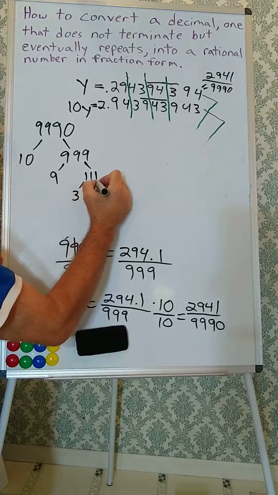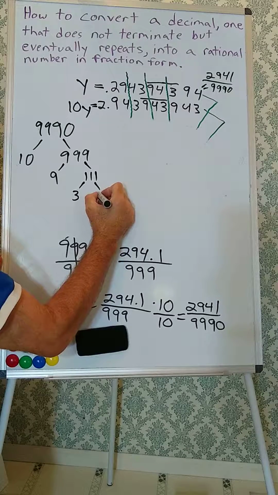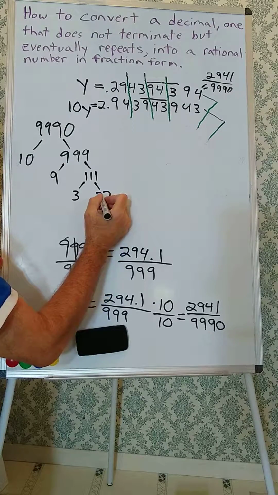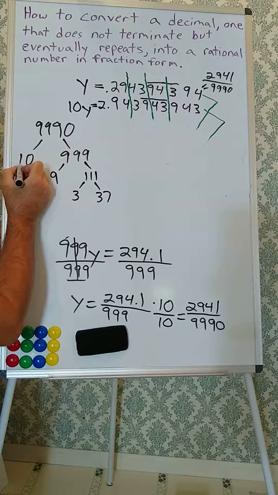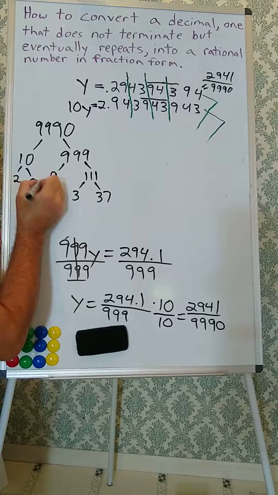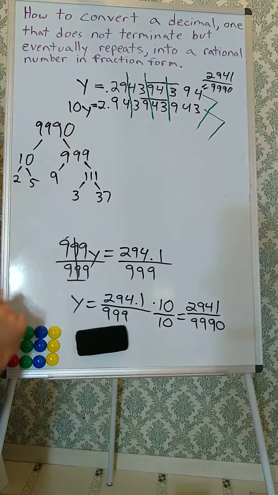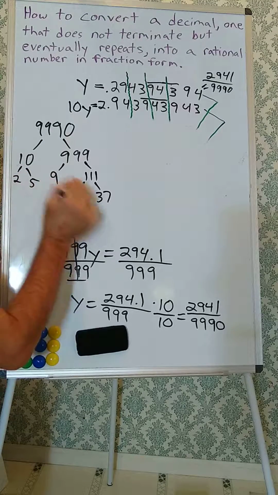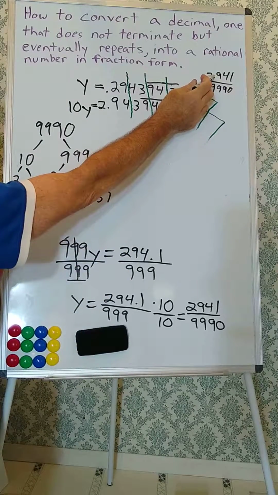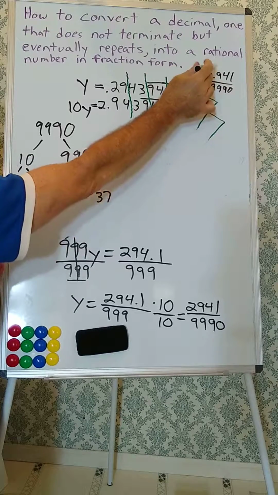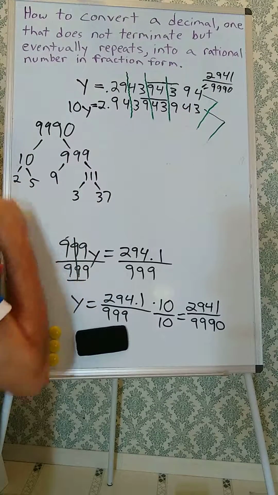And 3 times 37 is 111. Okay, all right. So these are the factors, and here's 2 and 5. These are the factors of 9,990. If any of these numbers are a factor of this number, then it can be simplified. If not, this is our simplest form.